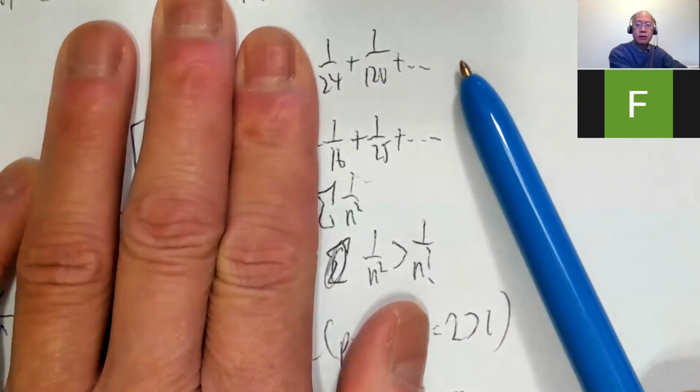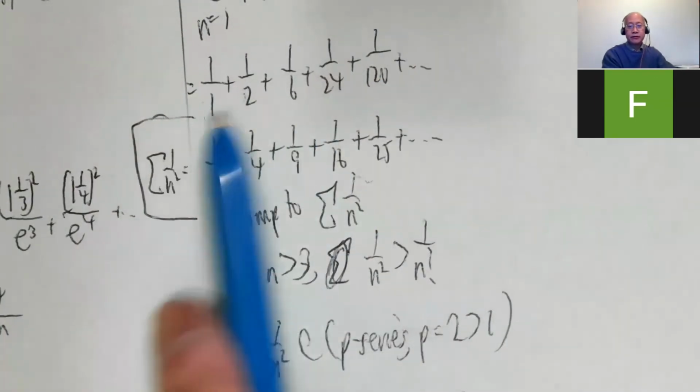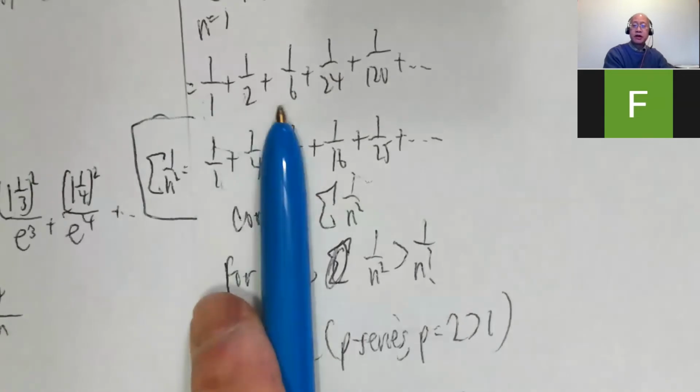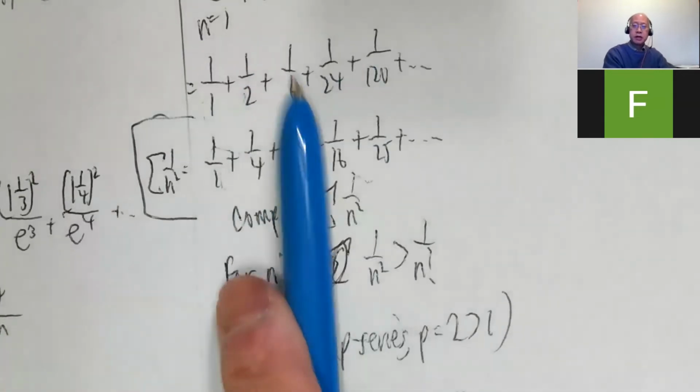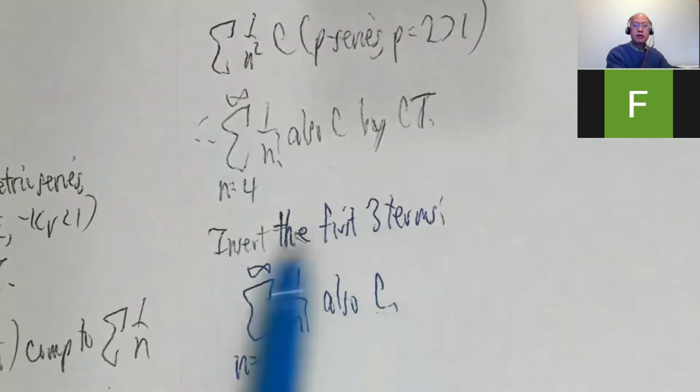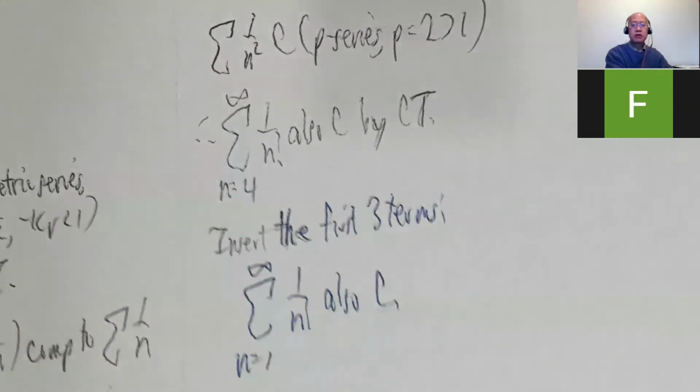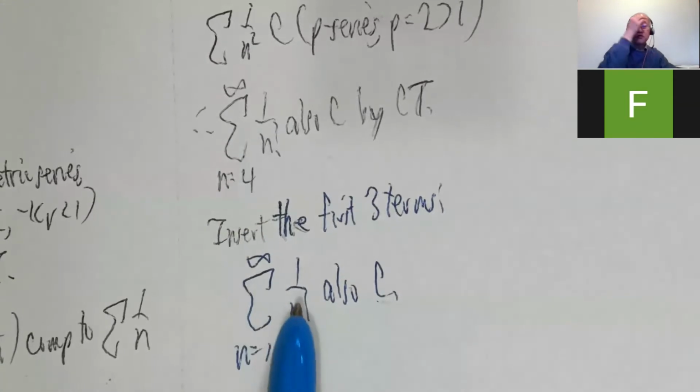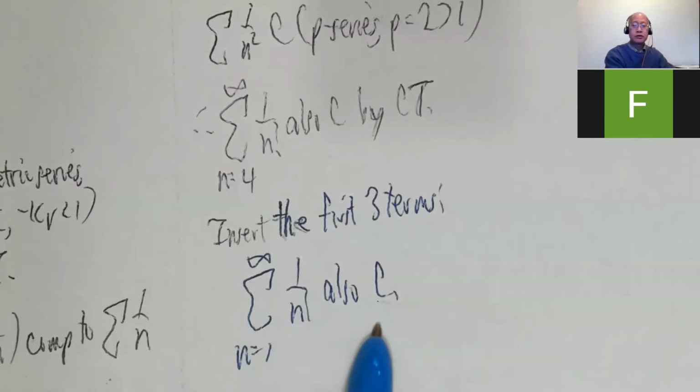Converge means I get a real number. Then I can go back and put in the first 3 terms. Of course, that's still going to converge. It's a real number plus a real number plus a real number plus a real number. So go back and plug in the first 3 terms. Summation n equals 1 to infinity of 1 over n factorial also converges. Right, so that's the proof of this one.